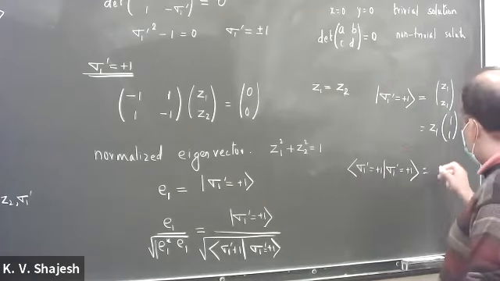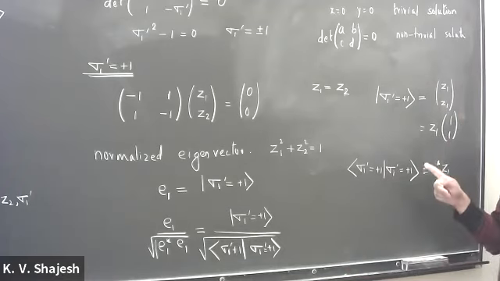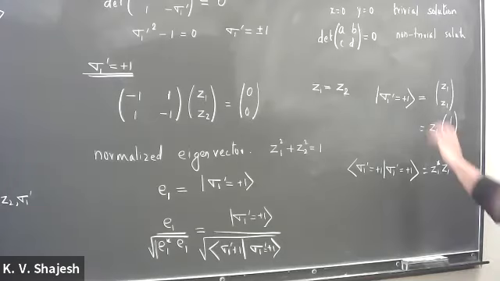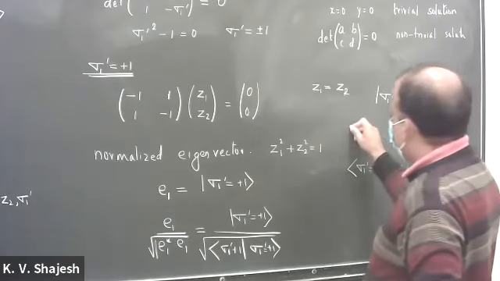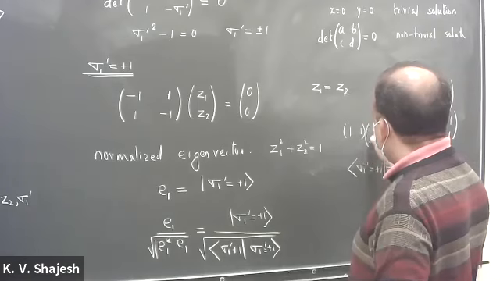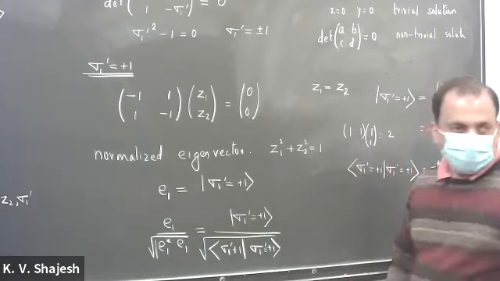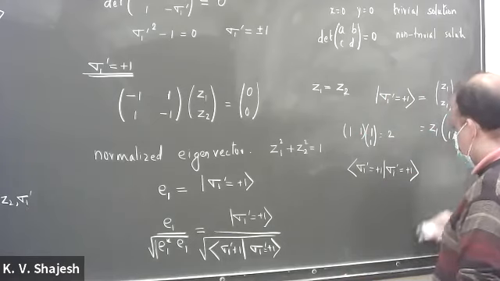So it is Z1 star times Z1, and 1 times 1 plus 1 times 1 will be 2, right? Is that clear? One horizontal, one vertical is 2. So that's 2.